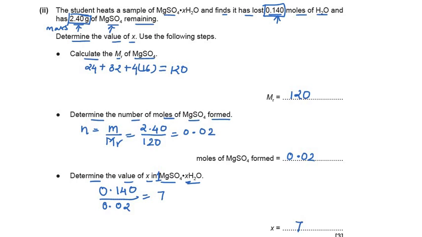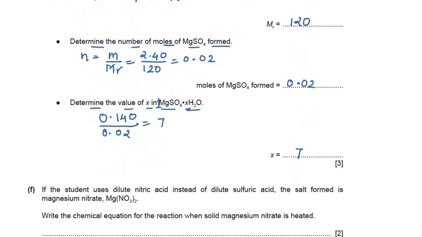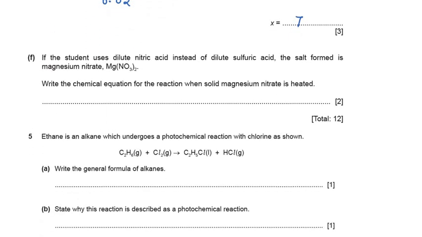I hope this question is very clear. It is a simple calculation of the mole ratio of magnesium sulfate and water molecules. We calculated the moles of magnesium sulfate first and then found the ratio of the moles of both substances, magnesium sulfate and water, and that gave us the value of X, which is 7.